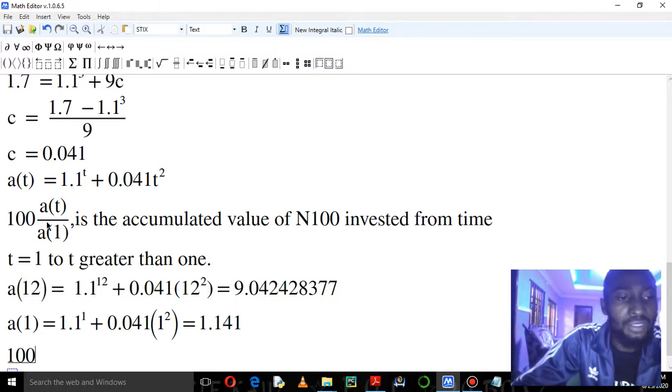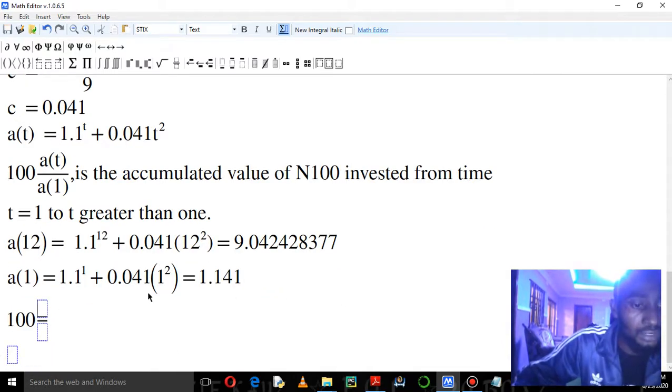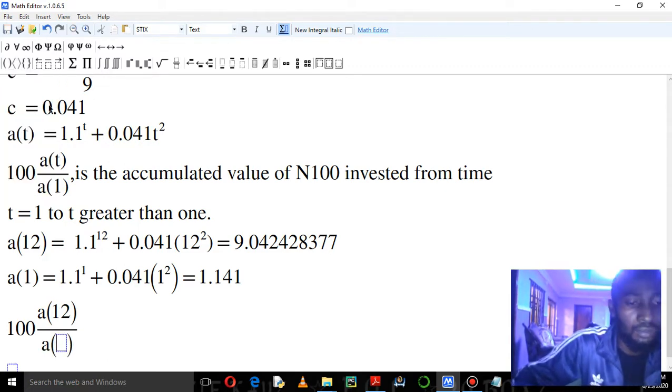So we have 100 invested at time t equals 1, and we are told to find the accumulated value at t equals 12. So this t will now be 12. This will give us a of 12 all over a of 1.